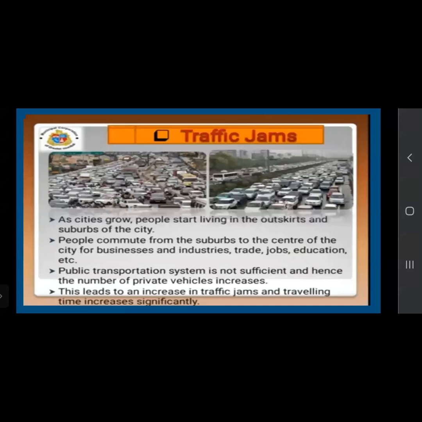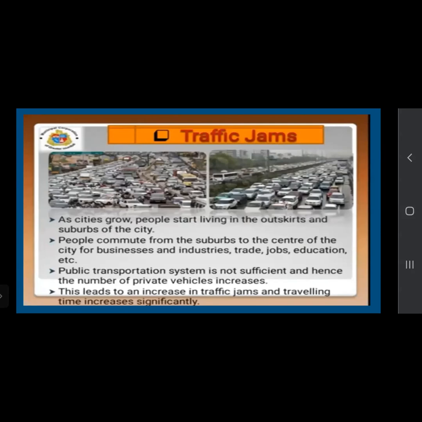Now the next is traffic jam. We all have faced this problem, and we all know what a traffic jam is. As cities grow, people start living in the outskirts and suburbs of the cities. When cities are growing, there is no single space where people are not residing. People are going anywhere and residing in any part of the area.